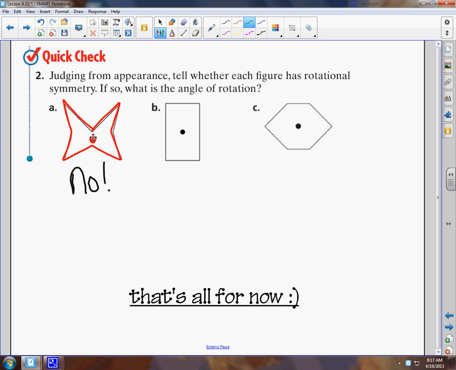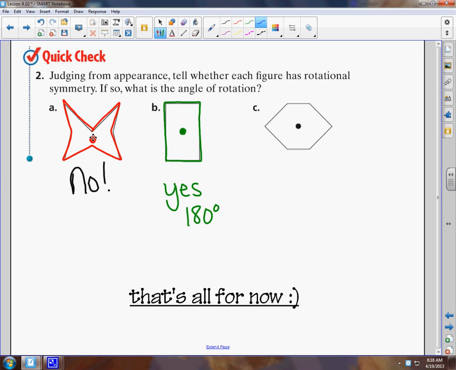If I look at this one, I rotate my figure. Okay, I rotate it 90 degrees. That is not rotational symmetry. And if I keep going, there it lines back up, and that is 180 degrees. So that is yes, and it has 180 degree rotational symmetry.